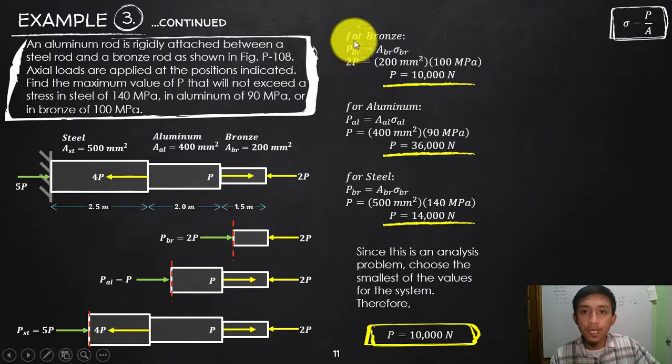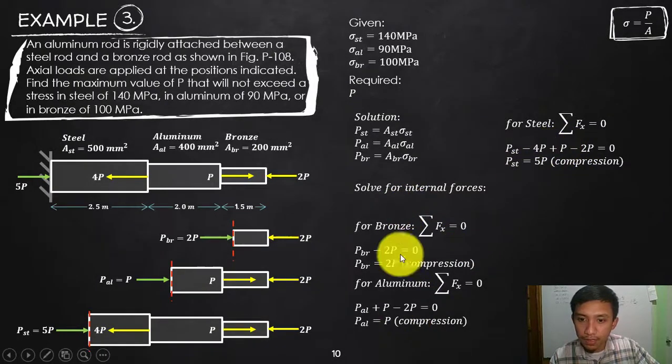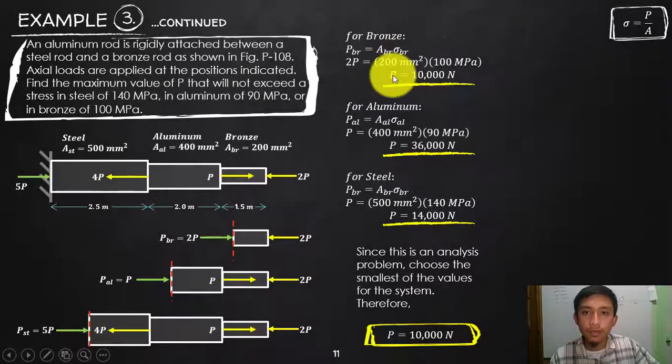So for bronze, P is 2P. Do not forget about that. That is the reason why we solved there the equivalent resultant force. So 2P, and that is the area of the bronze 200 times the strength, since we are trying to limit ourselves within the strength. For bronze, that is 100. So the P that can be carried by bronze is 10,000 newtons. That should be the value of the P here for the bronze to be able to carry that one.